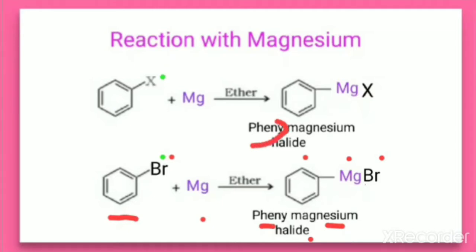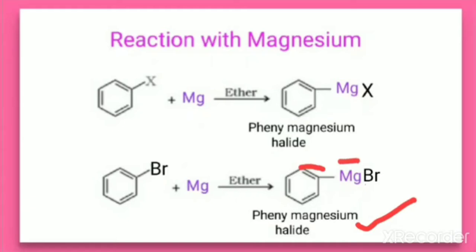Here there is a mistake in the spelling. You can correct it here. It is phenyl magnesium halide. So here particularly the halide is bromide. So when we are naming this particular one, that is phenyl magnesium bromide. So in such a case, depending upon the X here, it will have a different name.